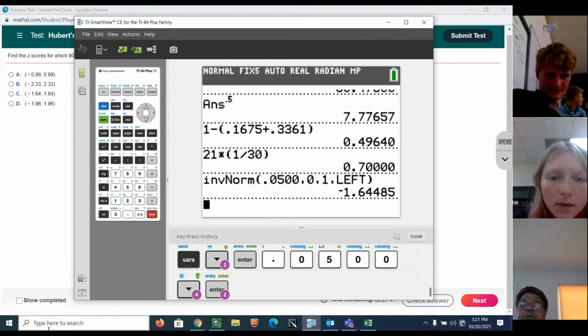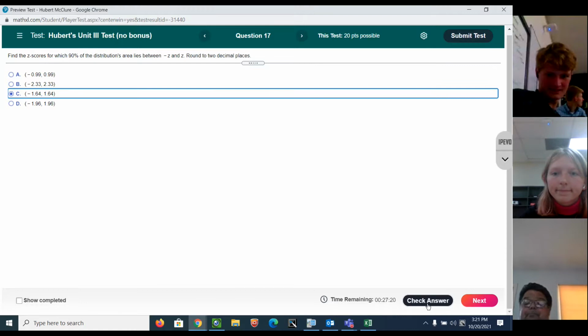And that's negative 1.6. You could argue negative 1.65, but since the 4 is not there, I'm going to say negative 1.64 and positive 1.64. And that's your answer.